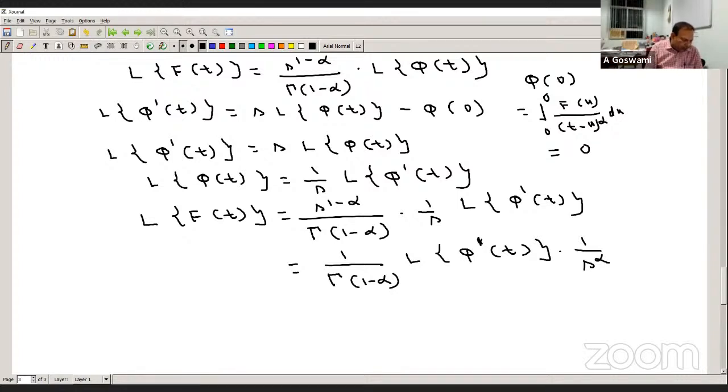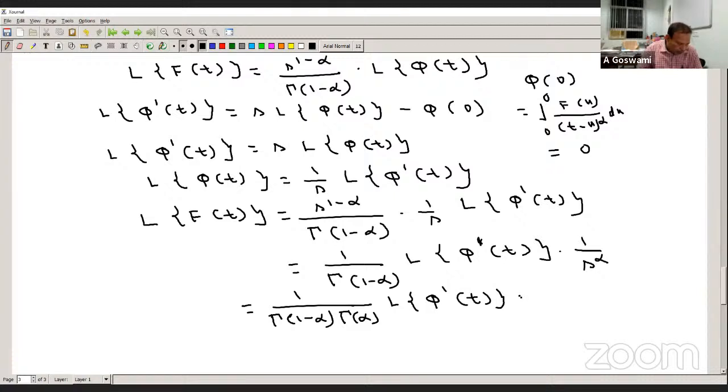This again you can write down, after simple calculations, as gamma(1 minus alpha) gamma(alpha) into the Laplace transform of phi dash t into the Laplace transform of t to the power alpha minus 1.